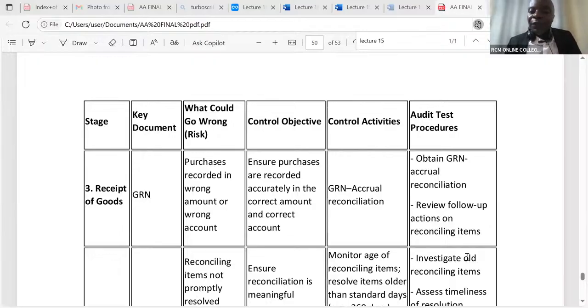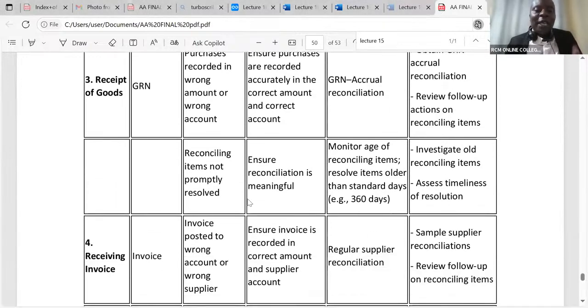Now, when we are receiving goods, there are many things that can go wrong. Non-reconciling items not promptly resolved. The control objective here will be to ensure reconciliation is meaningful.